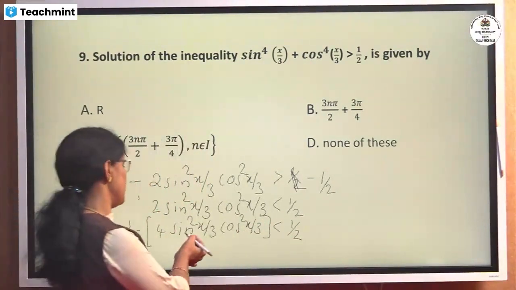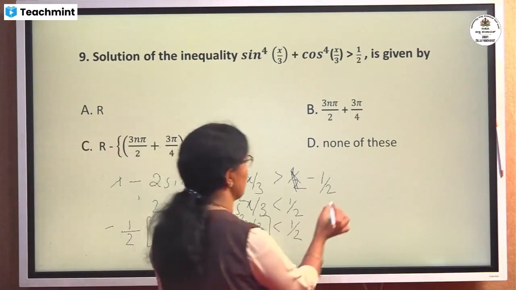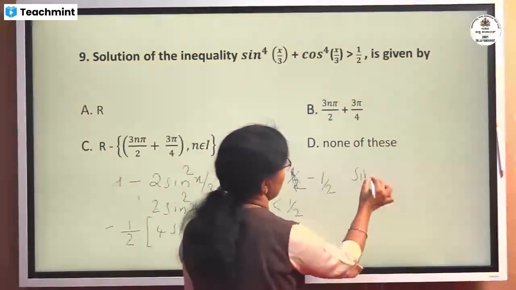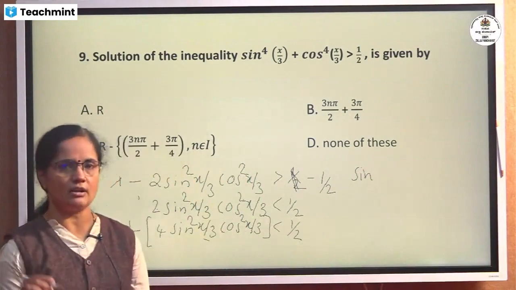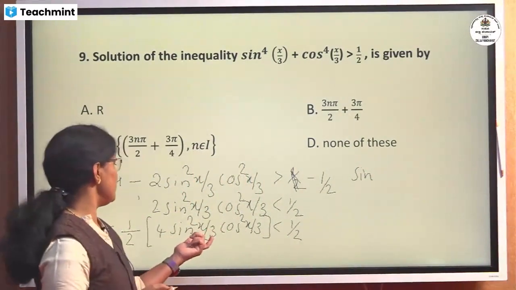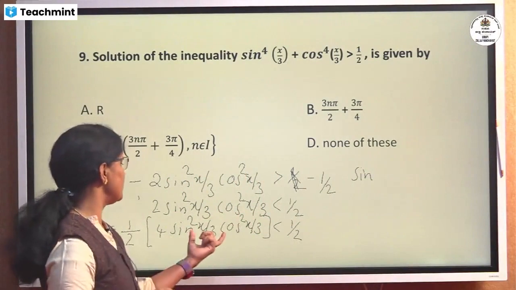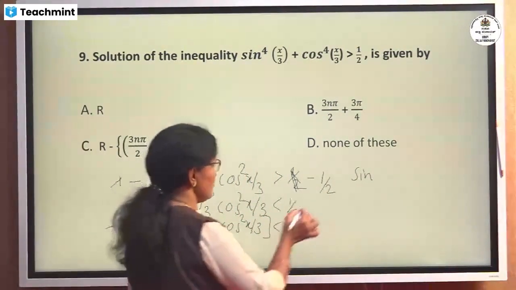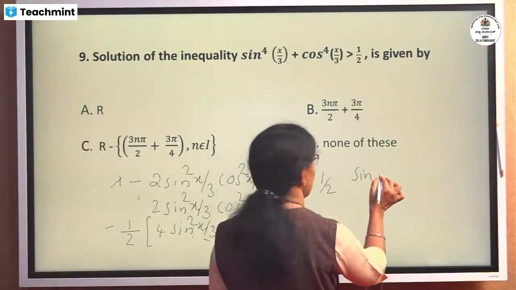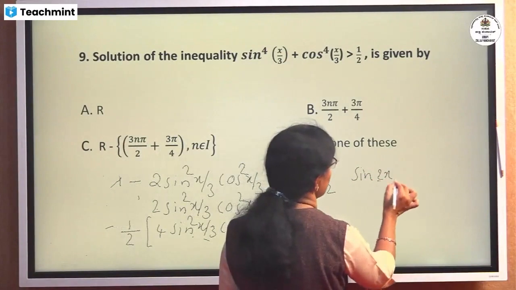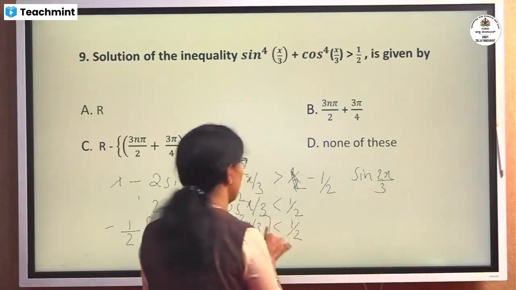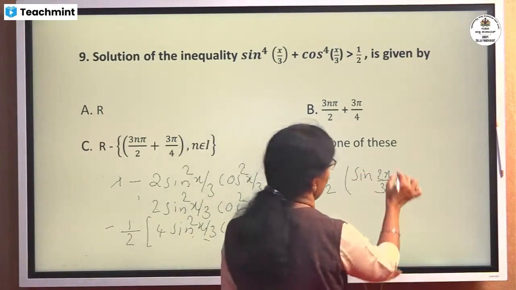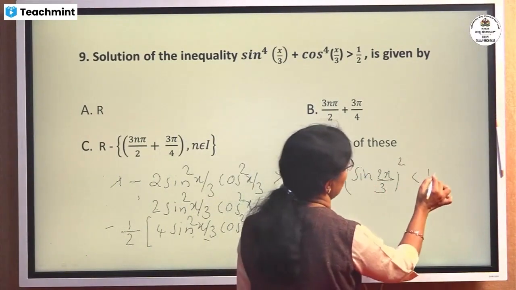I will use the double angle formula: sin 2 theta is equal to 2 sin theta cos theta. Here the square is there, so I will take the root of that. Therefore, you will get sin of 2x divided by 3, the double angle of x by 3, whole square is lesser than half.